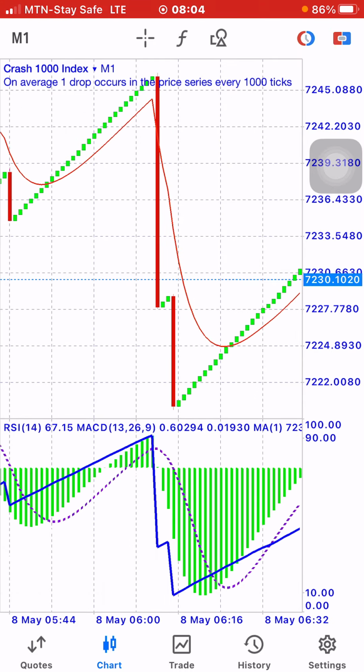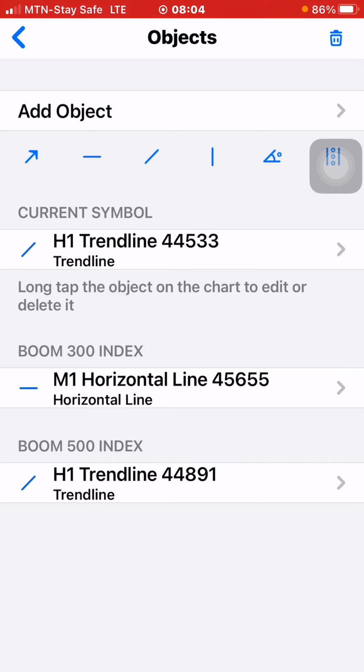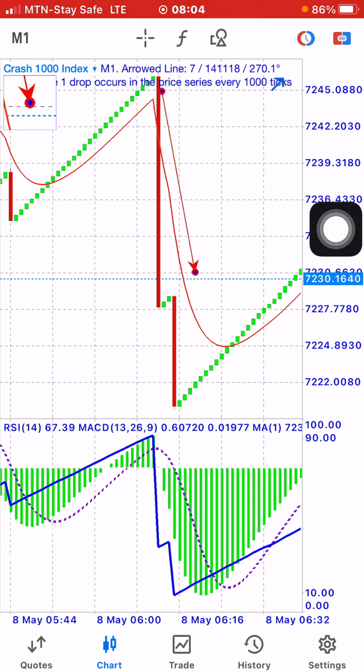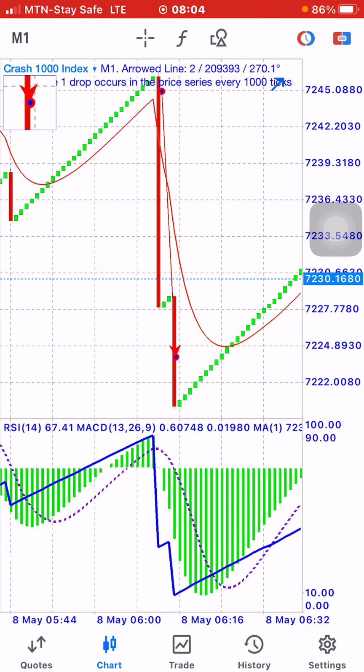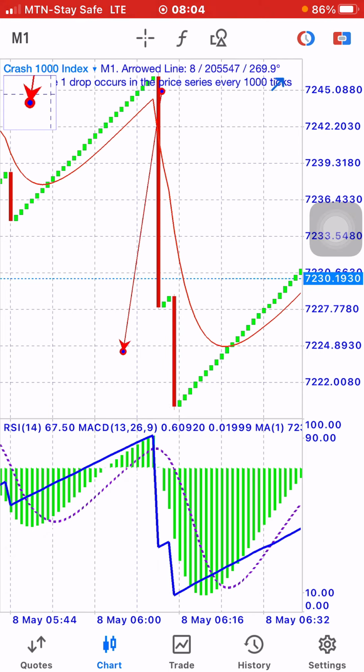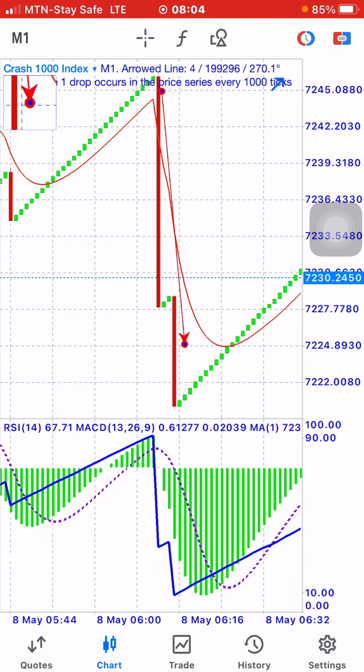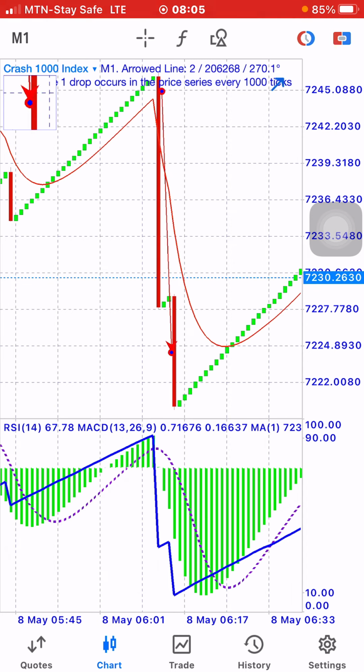Now this red line, anywhere you see a red line like this coming from up to down, is called a spike. If this spike meets you in a particular trade, it will destroy the profit you have made.